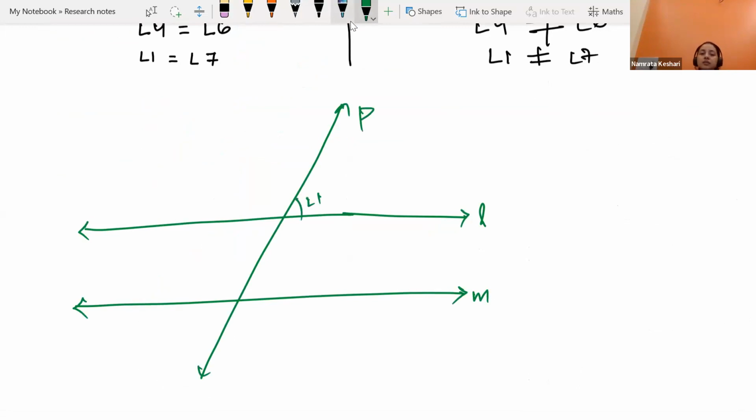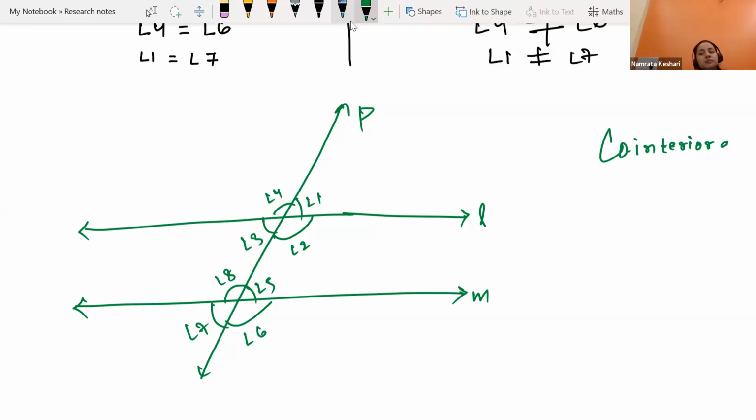This is angle 1, angle 2, angle 3, angle 4, this is 5, 6, 7, and 8. Now we are going to talk about co-interior angles.